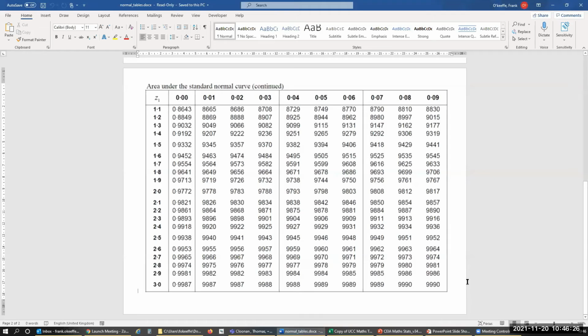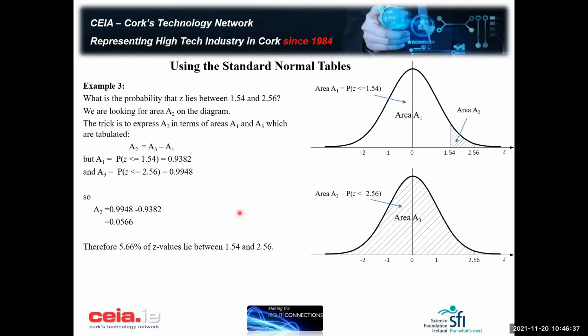So let's go over to our tables, and it's 2.56, 2.5. Go up to here and get 0.9948. We subtract those two and we get 0.0566. So 5.66% of Z values lie between 1.54 and 2.56.